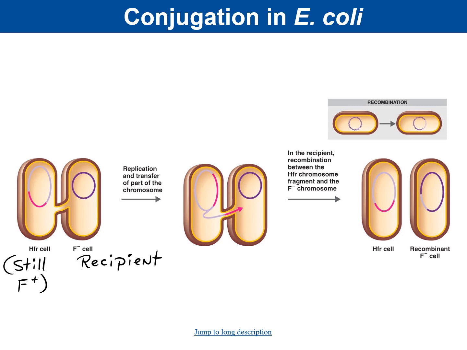the HFR cell has to decide what part of its chromosome and or F factor it's going to copy over. And most often what happens is the part where it starts to copy seems to break apart right in the middle of the F factor. And so what happens is a cut happens right here. This is called the origin of replication.